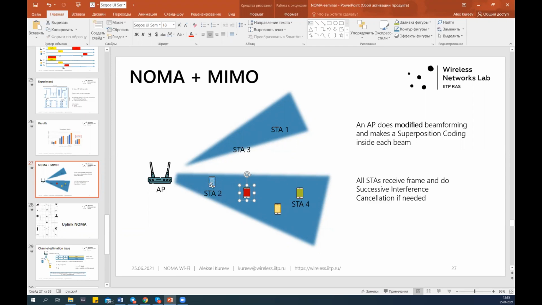And simple beamforming TDMA transmission takes much time. In NOMA, you can organize one stream and transmit data in one stream to several users at the same time. In this case, NOMA becomes effective. For example, if you have a train and you want to transmit data inside the train, NOMA is effective here.